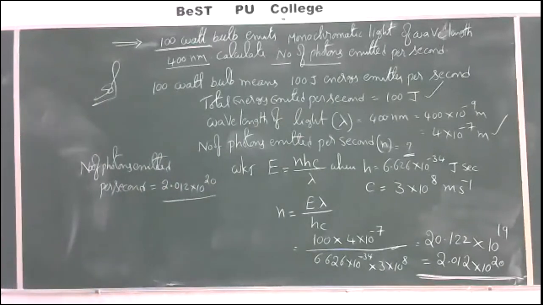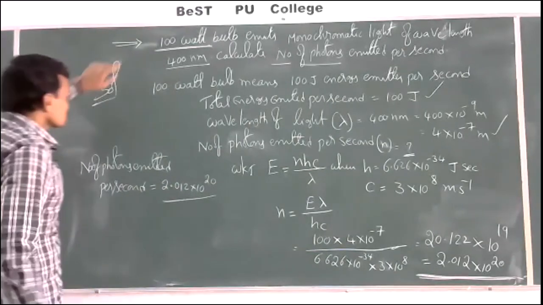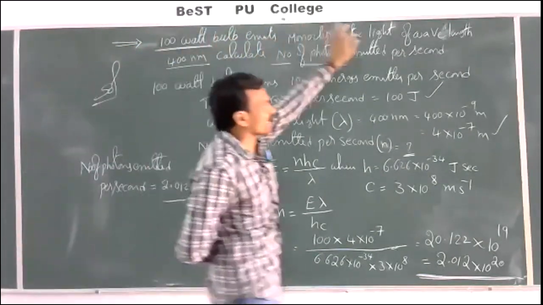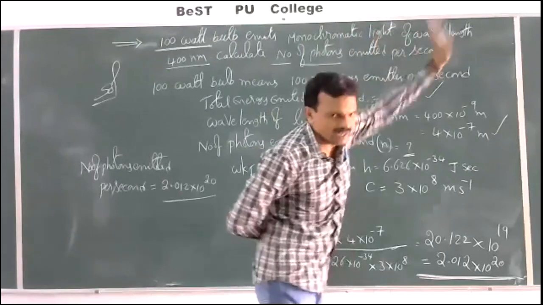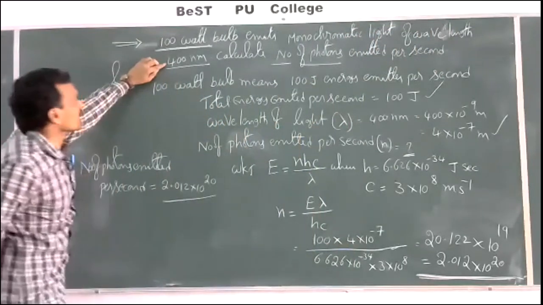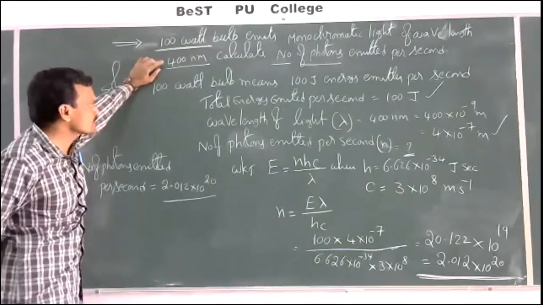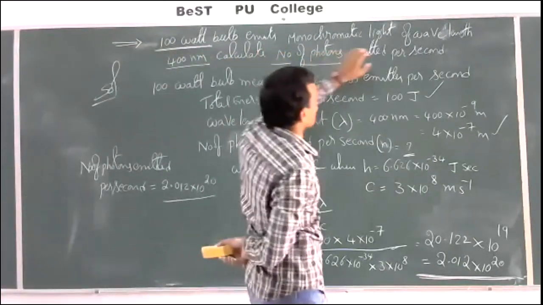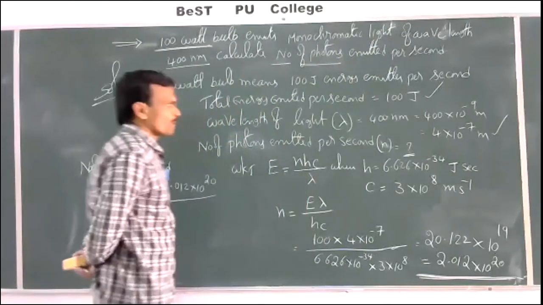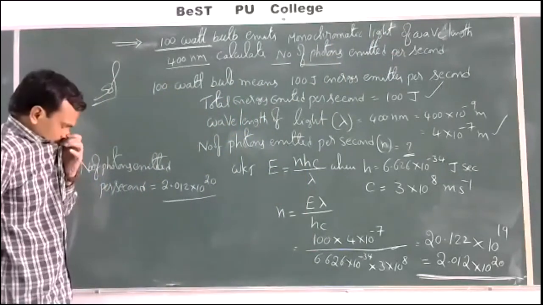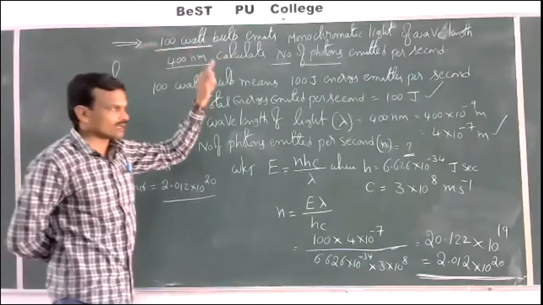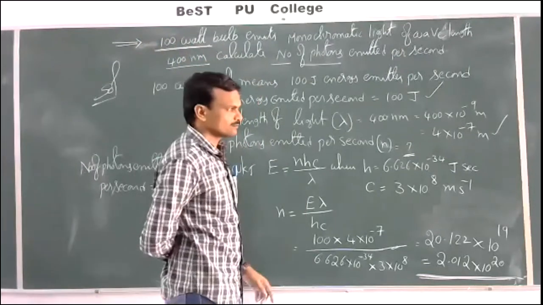Right. See once again the same. A 100-watt bulb emits a monochromatic light of wavelength 400 nanometers. Then calculate the number of photons emitted per second time. So here 100 watt means 100 joules of energy emitted per second.